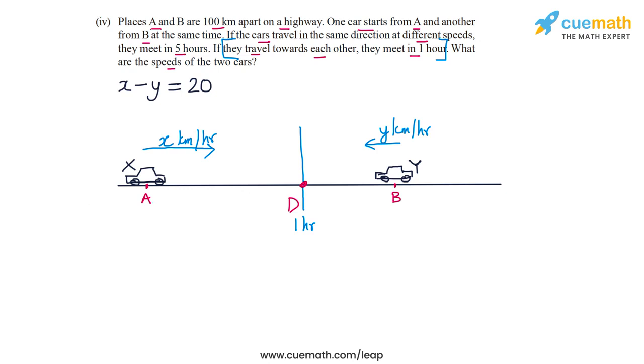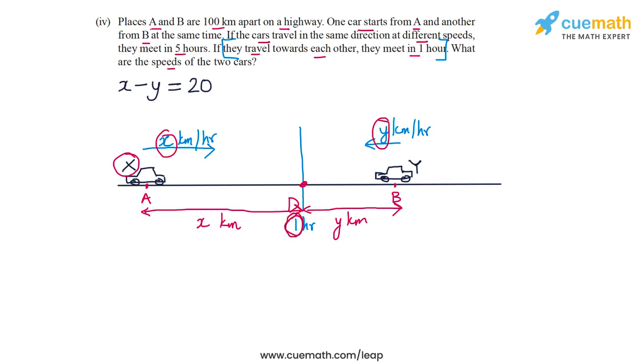Now, what equation can we form in this situation? We note that the distance from A to D should be the distance that car X travels in 1 hour. So this will simply be x kilometers: speed x kilometers per hour times time 1 hour. Similarly, the distance from B to D should be equal to y kilometers: the speed y kilometers per hour times the time 1 hour.